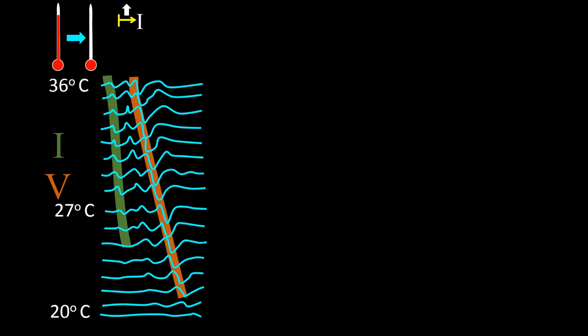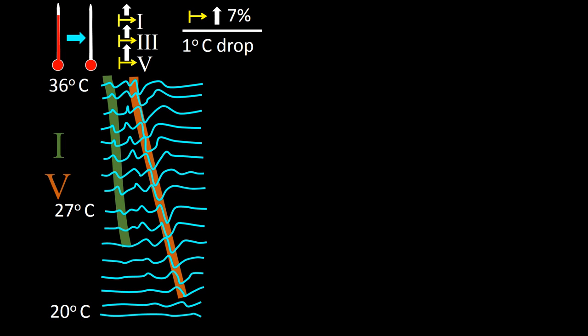This increase appears to be more severe in later components than in earlier components. So, latency to 3 is more delayed than latency to 1, and latency to 5 is more increased than latency to 3.